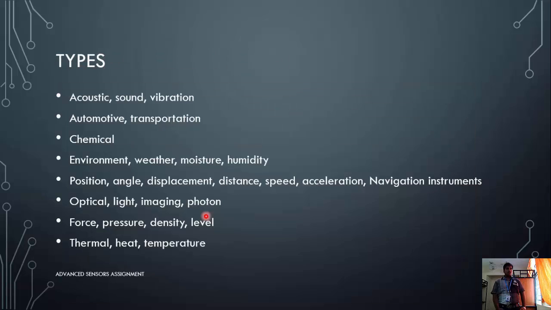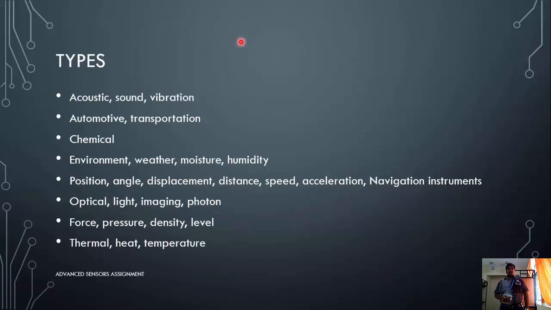There are many types of sensors depending upon environment and their application. Some of the types of sensors are acoustic sound vibration sensor, automotive transportation sensor, chemical sensor, environment weather moisture humidity sensor, sensors based on position, angle, displacement, optical light sensor, imaging sensor, force pressure sensor, density level sensor, thermal sensor, heat and temperature sensor.